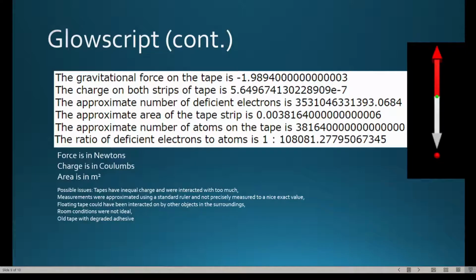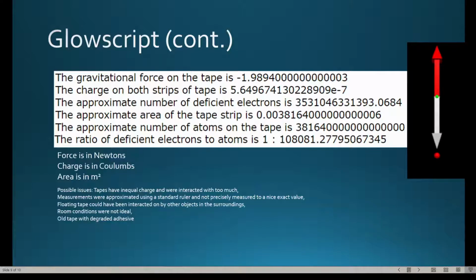As for the output, on the right you can see that the red arrow is the electric force being generated by the charged tape below the floating tape, and the white arrow is the gravitational force. The gravitational force on the tape is roughly 1.99 newtons. The charge on the tape is roughly 5.65 times 10 to the negative 7th coulombs. There are roughly 3.53 times 10 to the 13th deficient electrons.